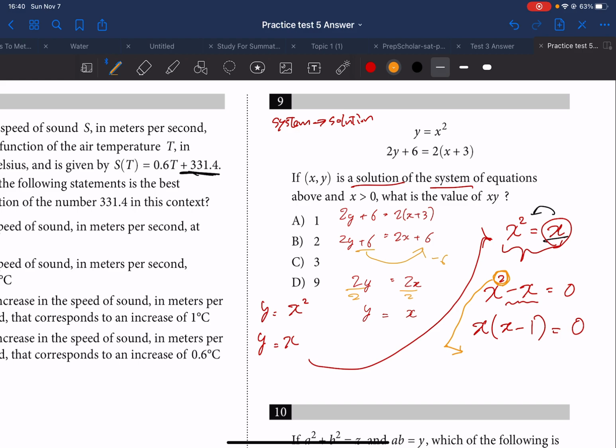This is the first solution, and this one becomes the second one. Now we have 2 solutions total.